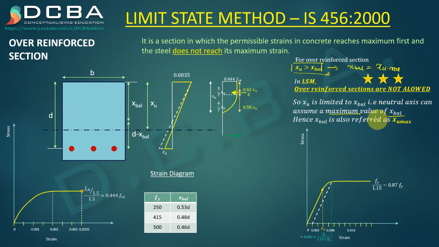I will just repeat my statements again, that for over reinforced sections, since they are not allowed, we cannot allow our XU to become greater than X balance. Hence we make XU equal to X balance. By this, we can say that X balance is the maximum neutral axis depth that we can have. So henceforward we will not be referring to it as X balance, I will call it XU max.